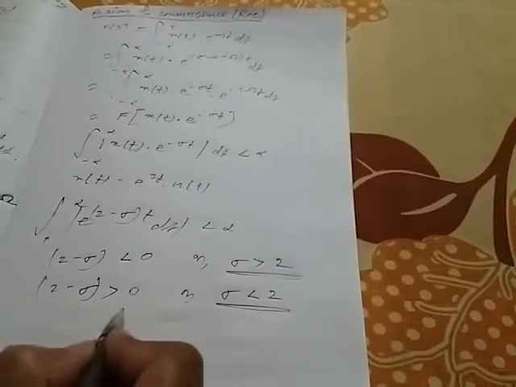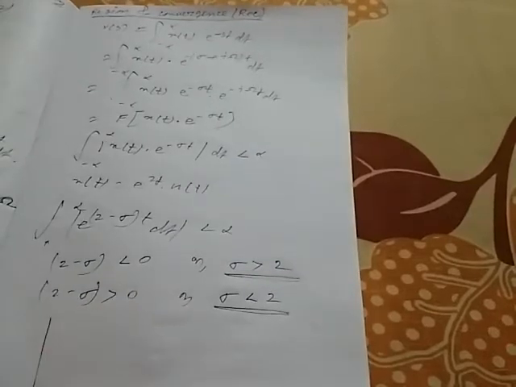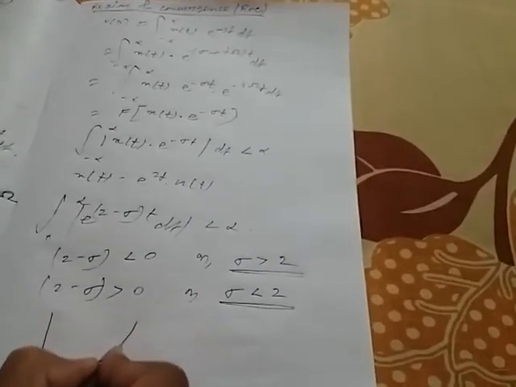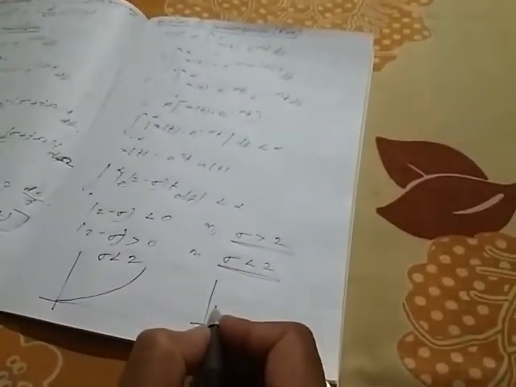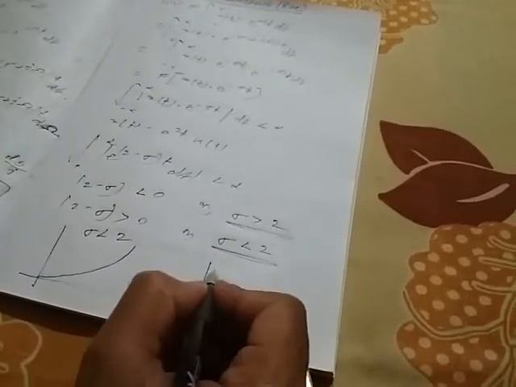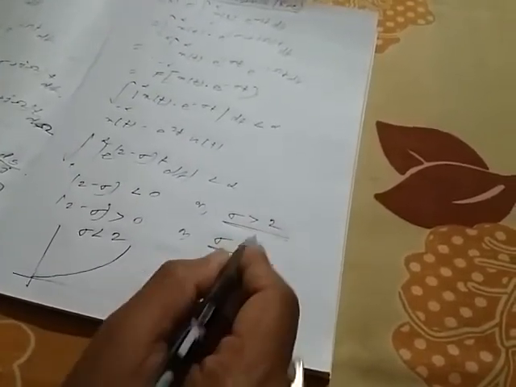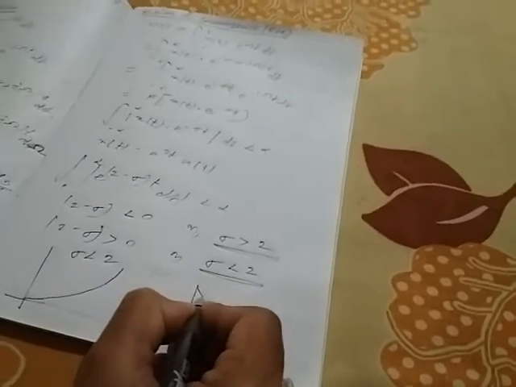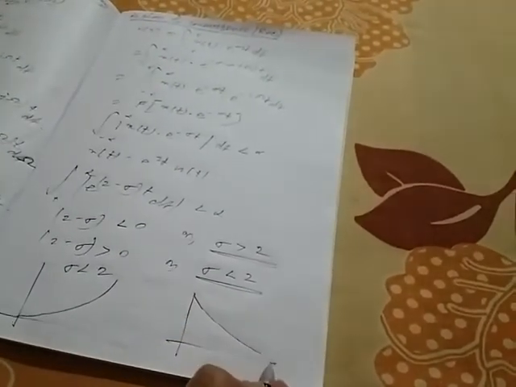For this, the graph of this signal will be ever increasing. So this is for sigma less than 2. Now for sigma greater than 2, the graph of this function will be this.